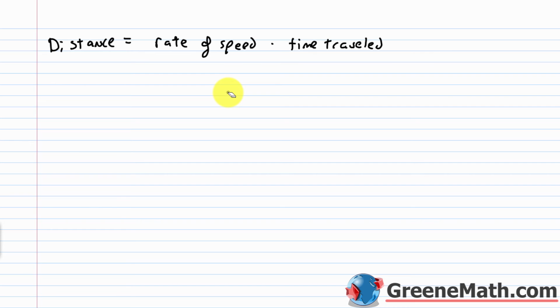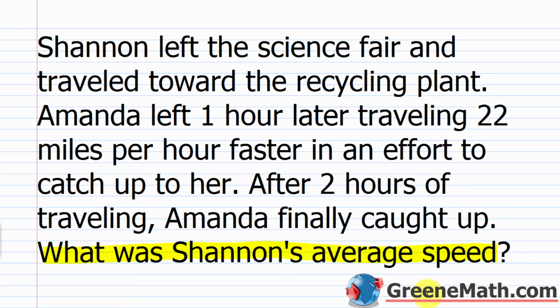Now, knowing this information here, if we go back up to the problem, kind of the first thing we're given is that Shannon left the science fair and traveled towards the recycling plant. It doesn't give us a distance. Amanda left 1 hour later, traveling 22 miles per hour faster in an effort to catch up to her. After 2 hours, so this is key, after 2 hours of traveling, Amanda finally caught up.